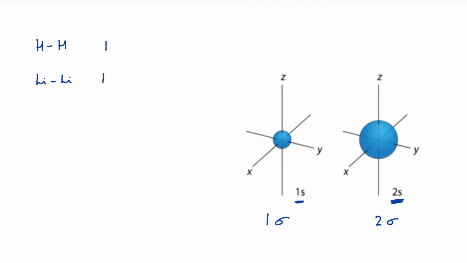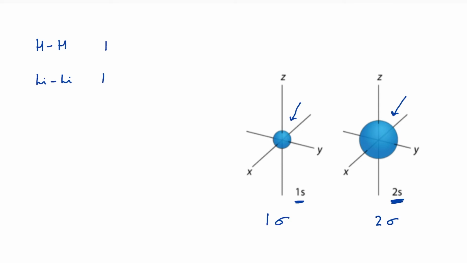Now, as you can see from these two pictures, a 2s atomic orbital is more diffuse than a 1s atomic orbital. And as a result of that, the electron density between 2 lithium nuclei is less, because there is less overlap between 2 2s orbitals than between 2 1s orbitals.